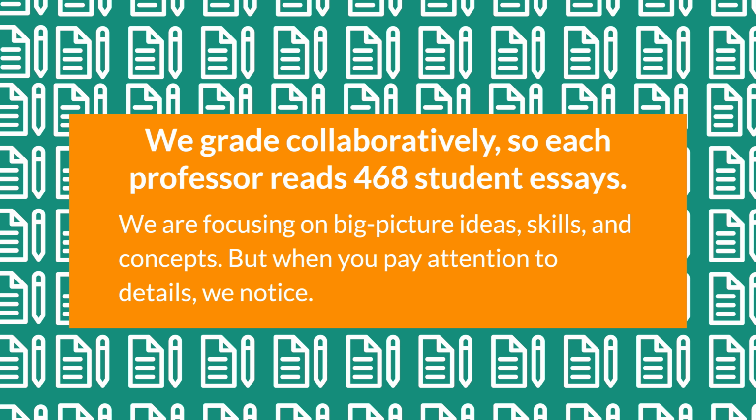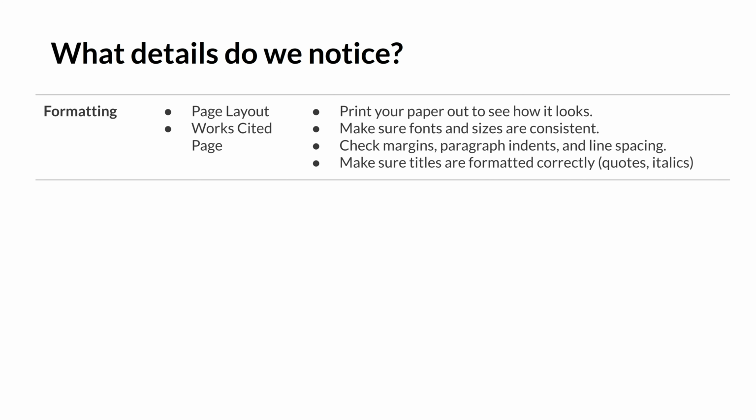We focus on the big picture ideas, the skills, and the concepts that we've been teaching you all semester. But when you pay attention to details, we notice and it helps. So here's specifically what I would encourage you to focus on as you edit your drafts. First, formatting. And by formatting, I mean page layout and works-cited pages. So if you can, print your paper out to see how it looks.